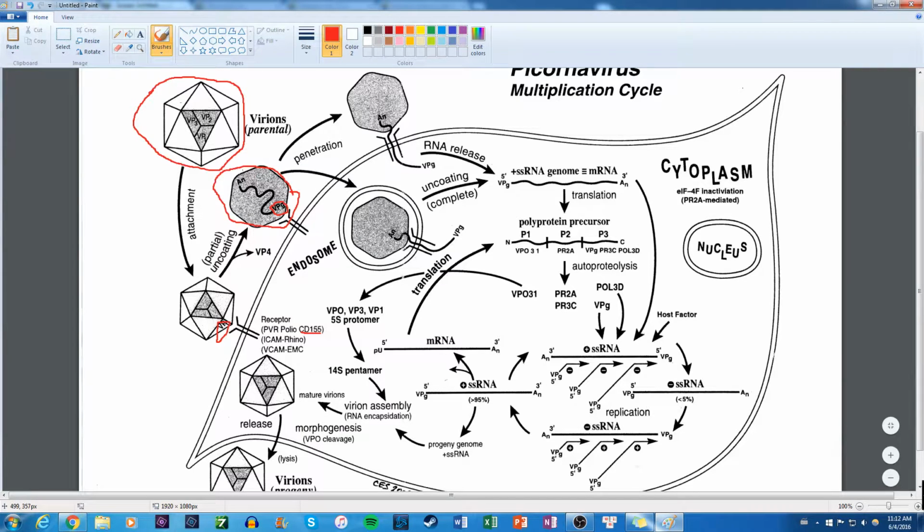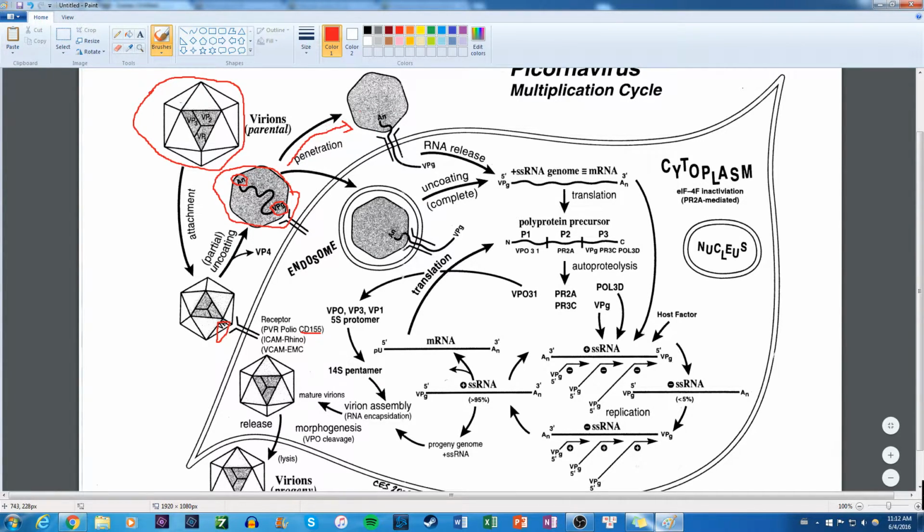A sub n, that's just your polyadenylated sequence. A is for adenine, n is for n number of adenines. So in here, I'm going to follow this one.